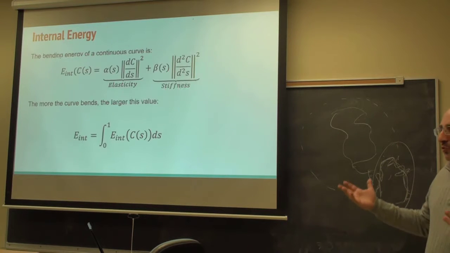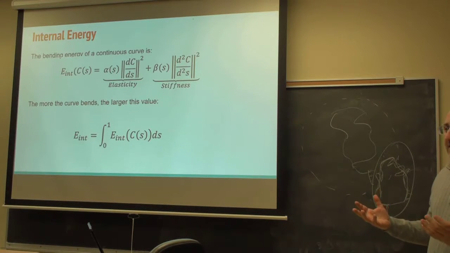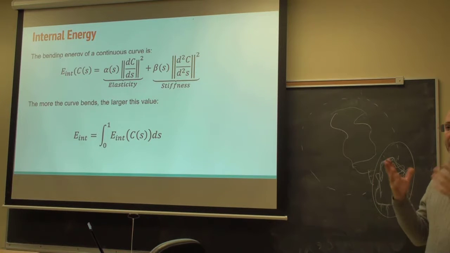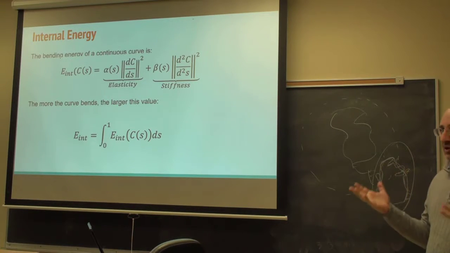You want the curve to be smooth, okay? If you minimize it to the maximum, it will be completely smooth, which is basically just a circle or something of that kind. The third component is that you don't want the thing to bend too much. You want all of the segments to be as straight as possible.